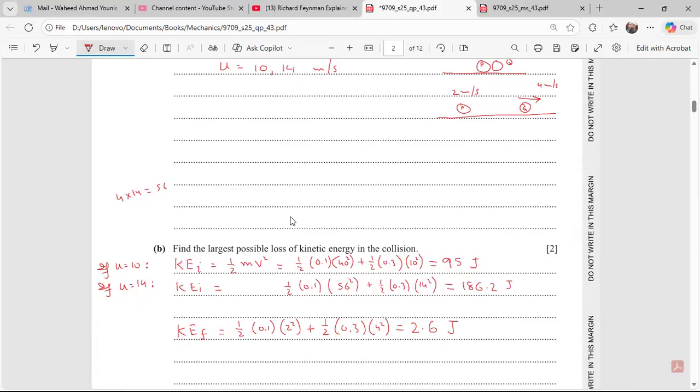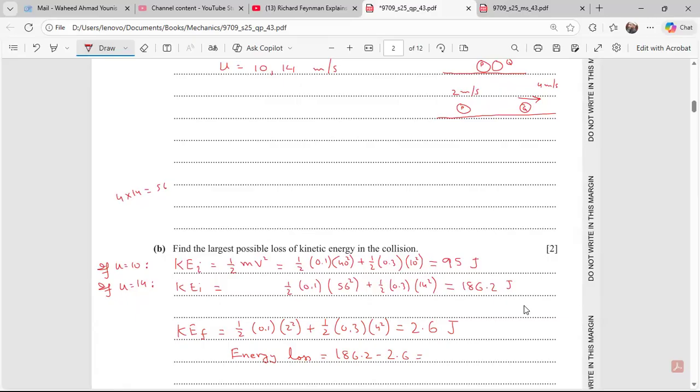So what was the question again? Find the largest possible loss of kinetic energy. So for the largest loss, I will use this large value. Okay, so energy loss is 186.2 minus 2.6.